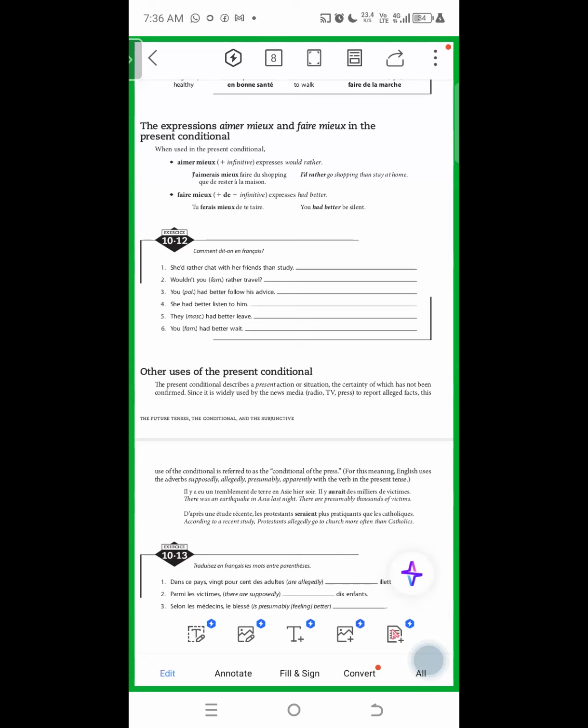Je ferais mieux de rester silencieux. I'd better be silent. So these are expressions you can integrate into your daily conversation because we use them daily, right?